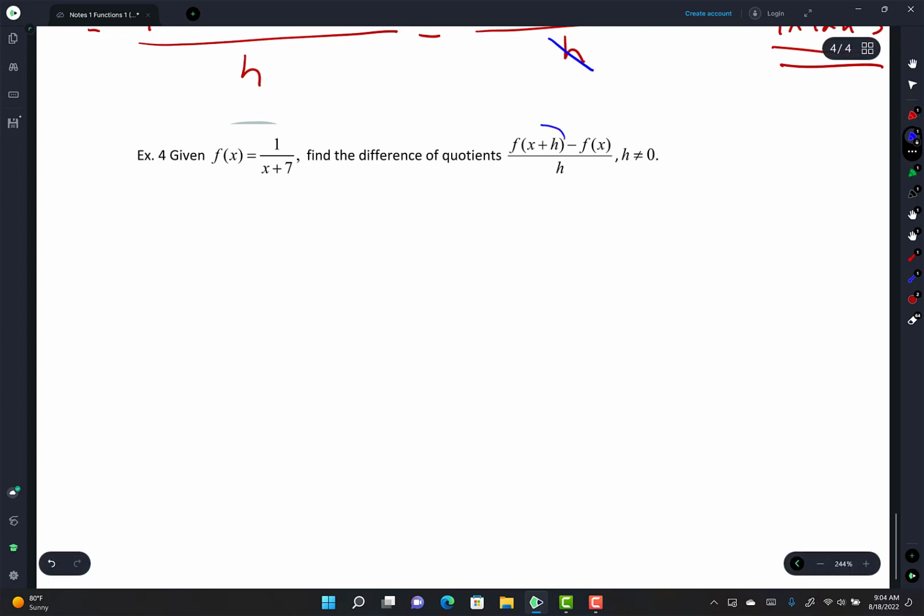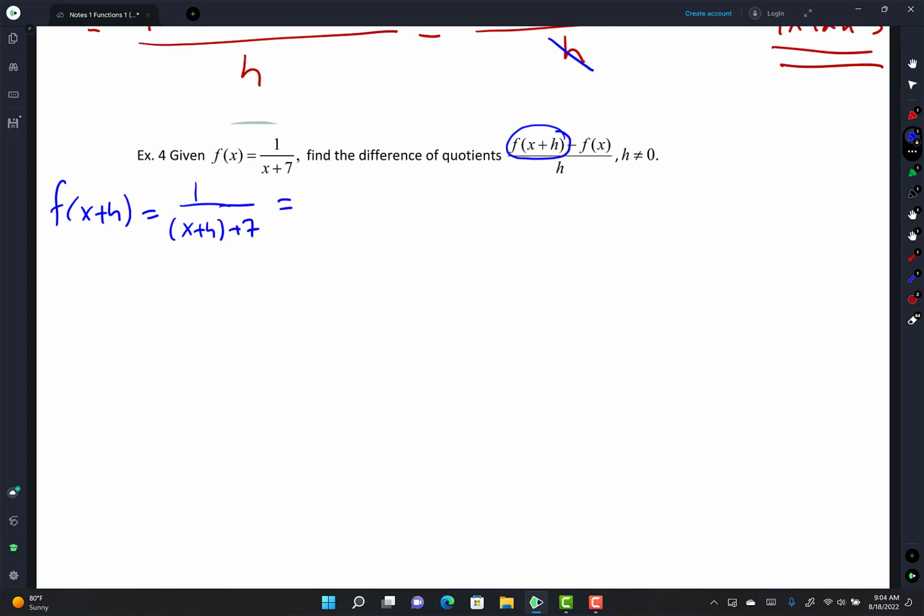I'm going to do this part right here that I'm circling in blue: f of x plus h. I don't have that part yet. So wherever I have an x, I'm going to put x plus h. 1 over x plus h, plus 7. I don't really need those parentheses there. So we're just going to drop it like it's hot coffee. I know that doesn't make sense. In my mind it did, but now that I'm thinking about it, it doesn't make sense.